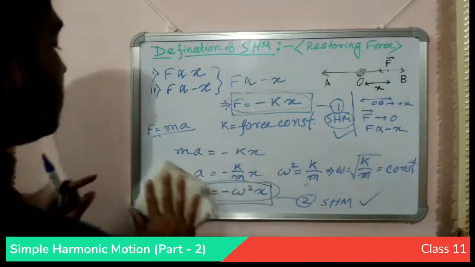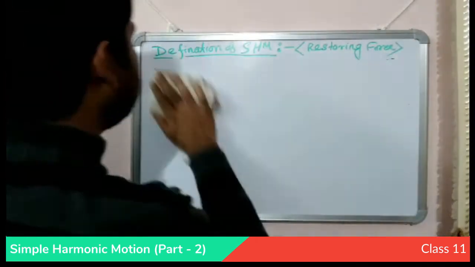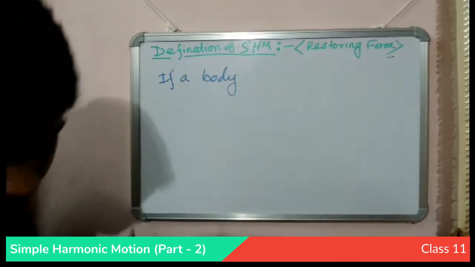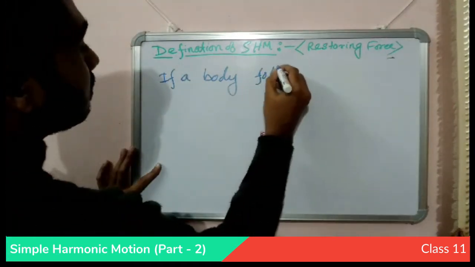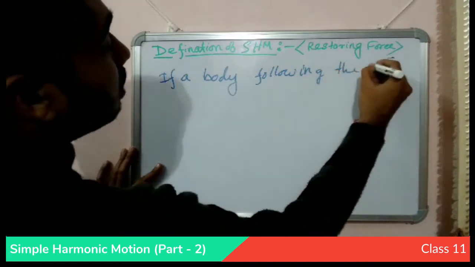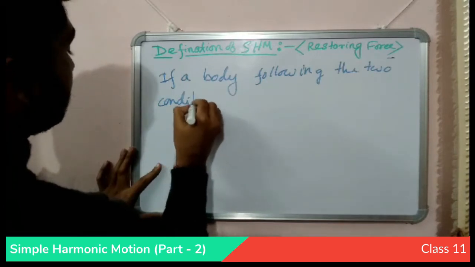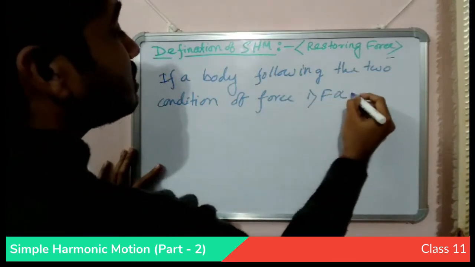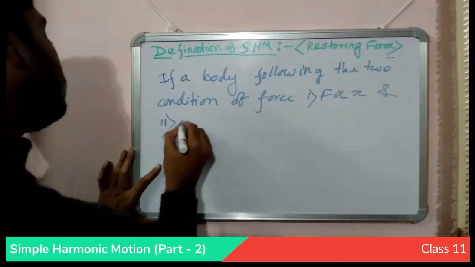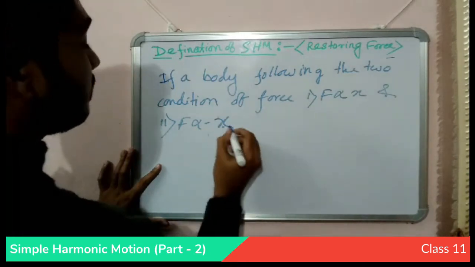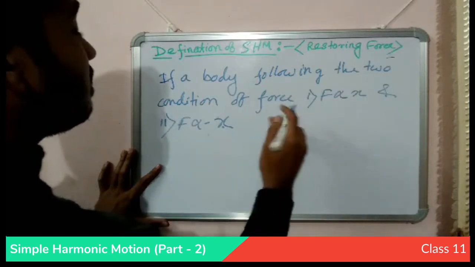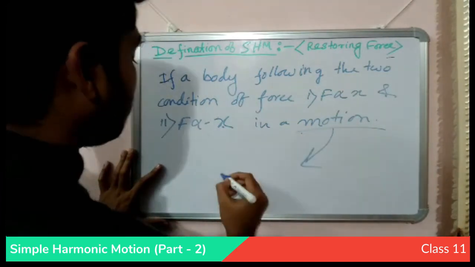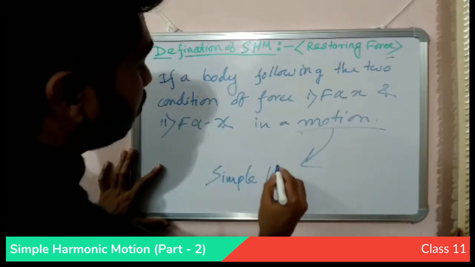So from these two equations, we can conclude that if a body following the two conditions of force, that is condition 1, F is proportional to x, and condition 2, F is directed along minus x, in a motion, that motion must be a simple harmonic motion.